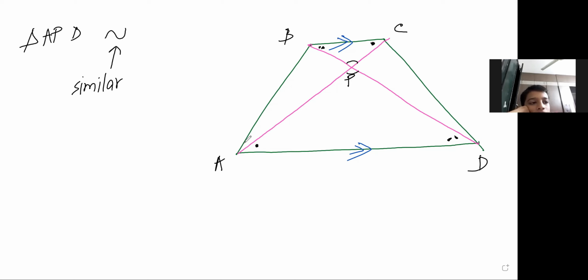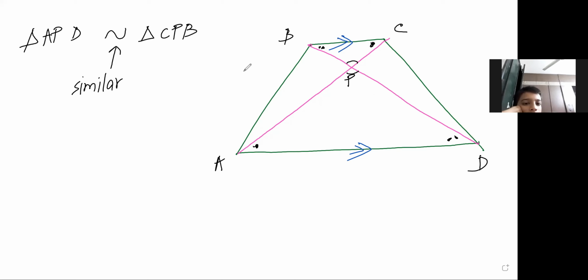I did not write BCP because these two angles are on the side. I'm taking care of the corresponding angles. Do you see that? Yes, sir. So similar triangles, right?